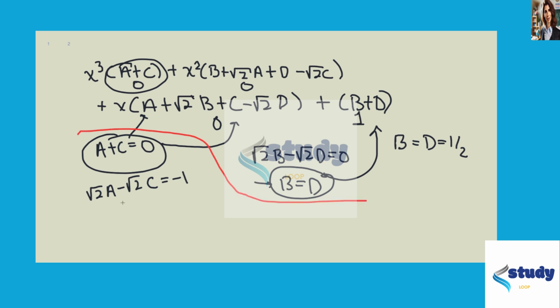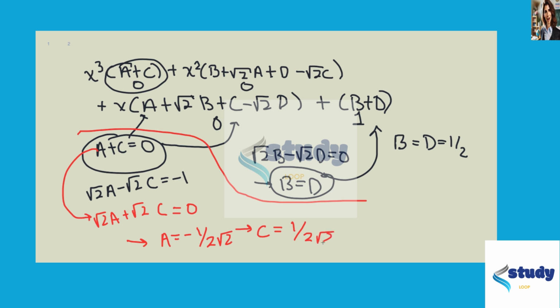Here you could multiply both sides of this equation by root 2, then add those together and solve for a. And then you get c equals 1 over 2 root 2.